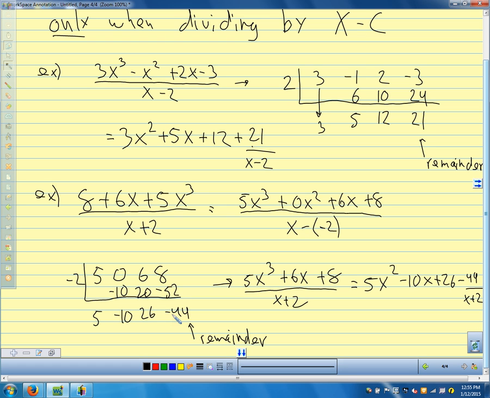All right, so we have two special things that we're going to use division for. One is called the remainder theorem. This remainder is important.